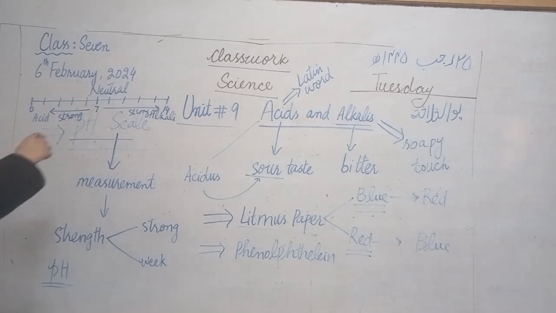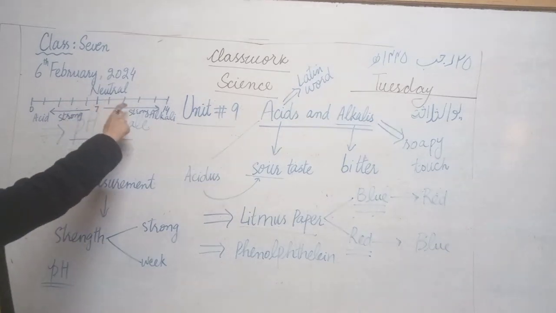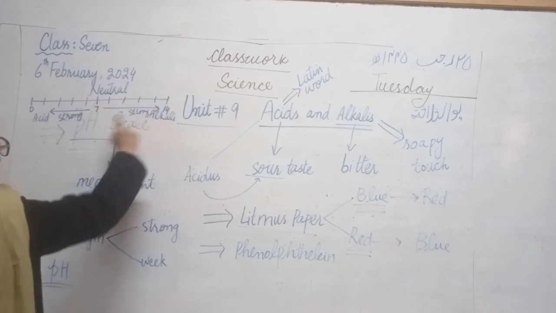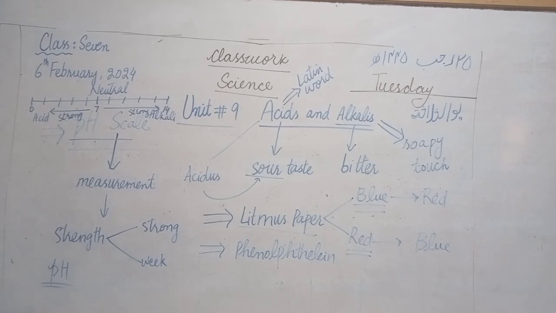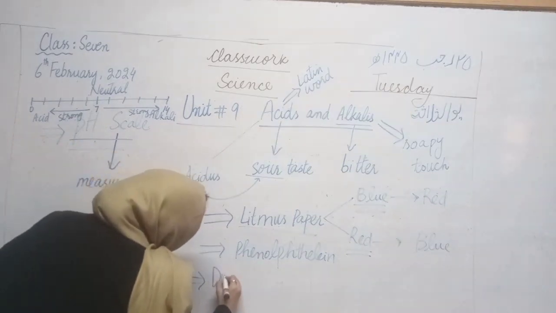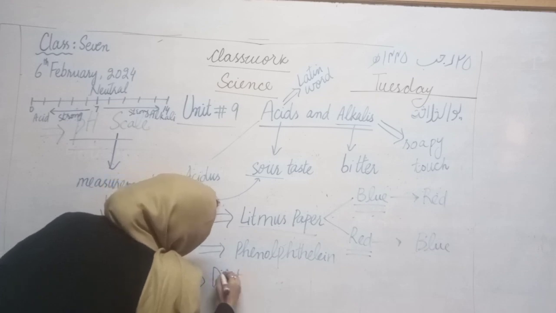Similarly, when the value of a solution on the scale is greater than 7 and near to 14, then we say that our solution is of strong alkaline nature. At the very last of these topics, we also discussed dilute and concentrated acids.